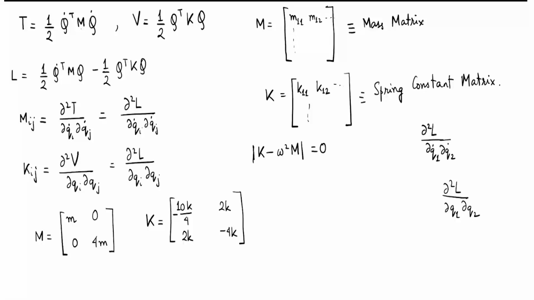So now you use this secular equation to find the eigenvalues. You can take out K and M. So here you have the determinant of 10 by 4K minus omega square M, then this is minus 2k.